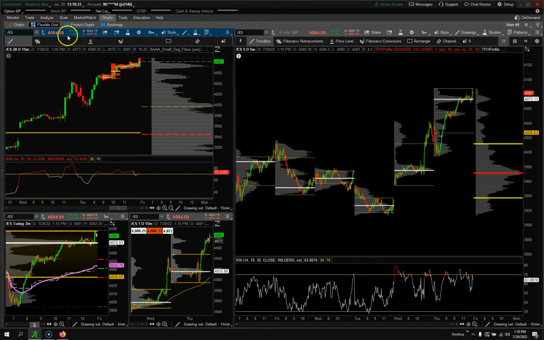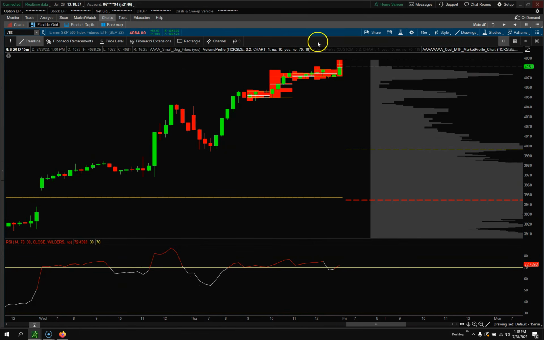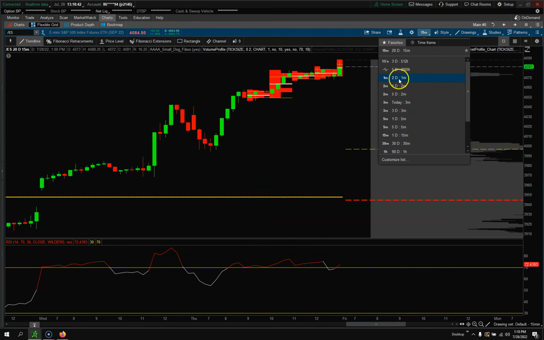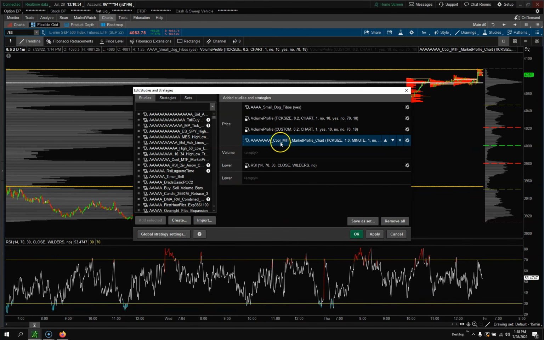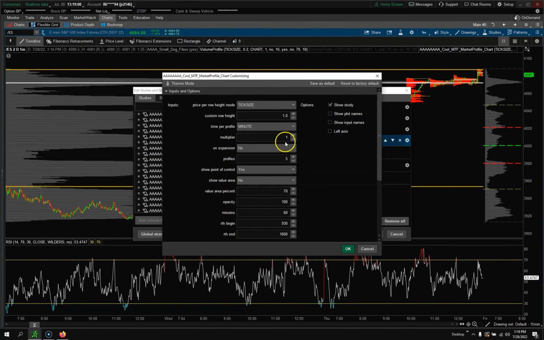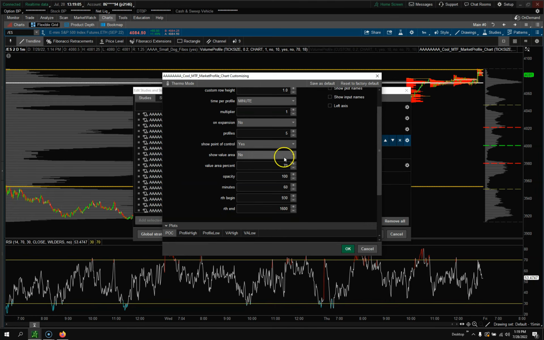One other thing on this chart that I want to tell you guys real quick is that you could change this to a 1-minute chart. And look at this. This is a different type of market profile. Again, it's in the studies. It's the Cool Market MTF, multiple time frames, and you could change the time frames in there. I have the 5 profiles in here.